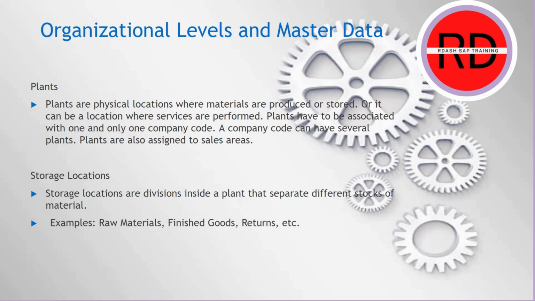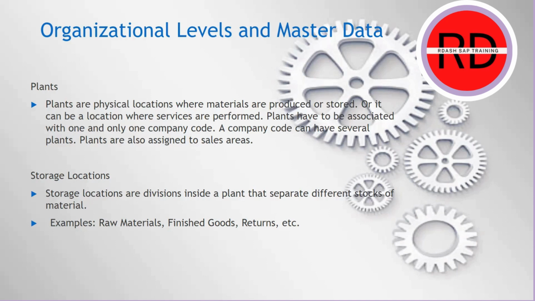Plants are also assigned to sales area. So a plant is nothing but your manufacturing unit where manufacturing happens and raw material and finished goods are stored. There can be multiple storage locations inside the plant.